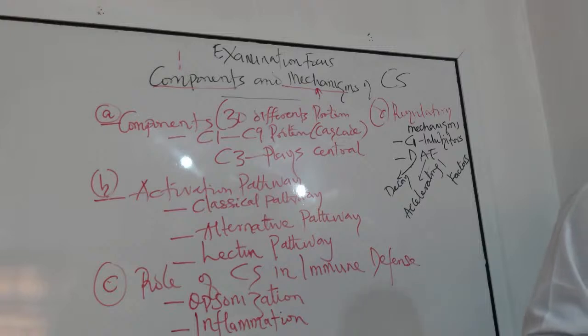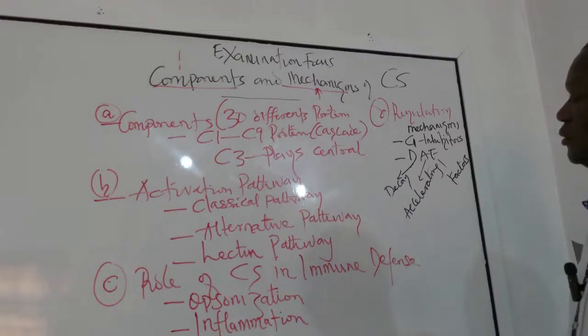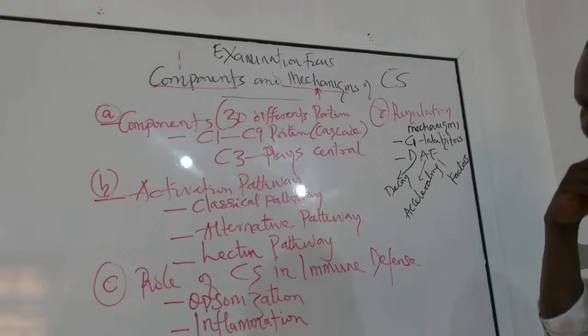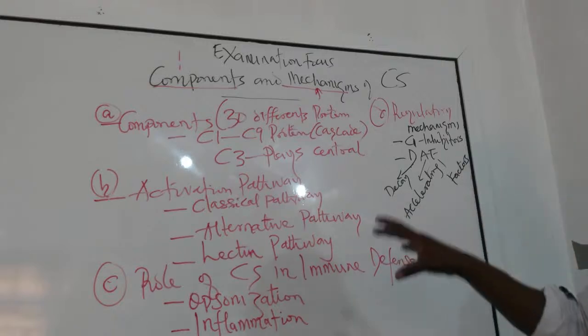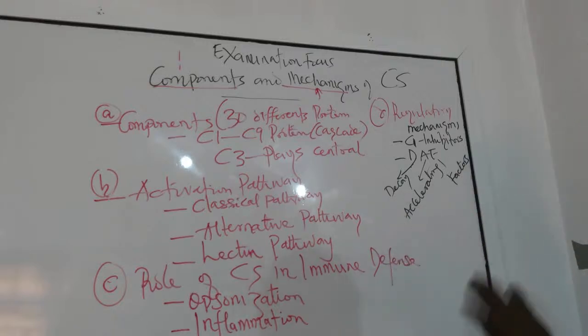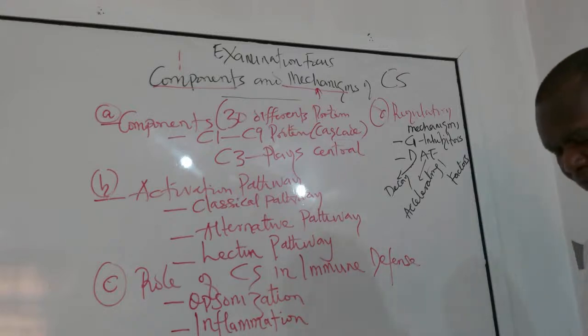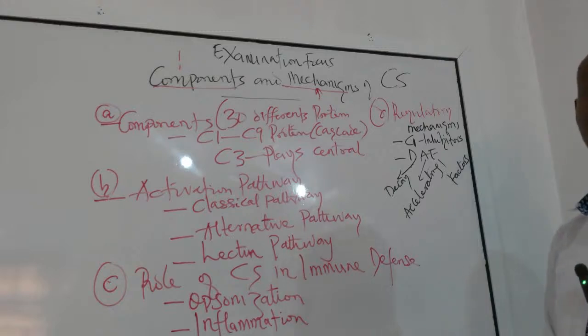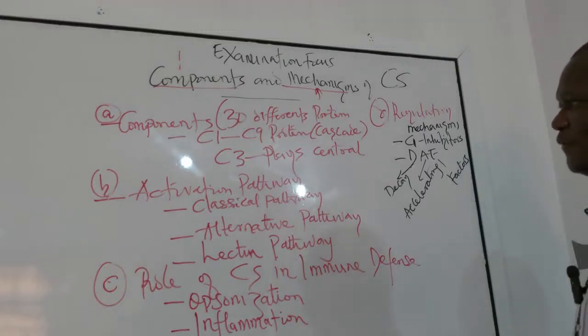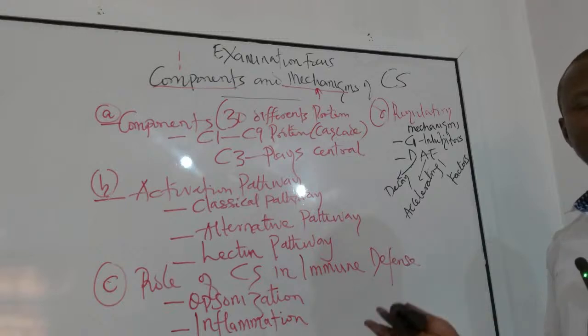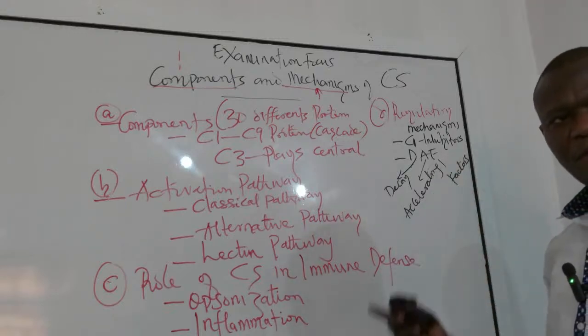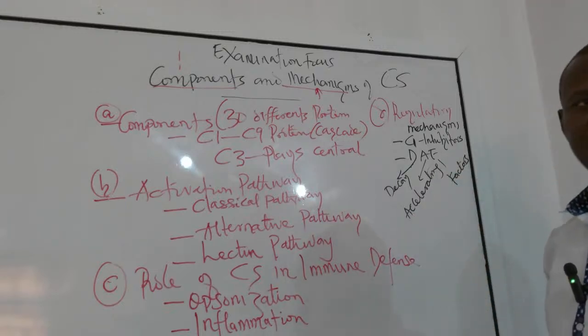So that is that. If you have any question on the complement system, I'm very sure you cannot run away from having compulsory questions on this, because of the special role it performs as a kind of midpoint between the innate and adaptive immune system.